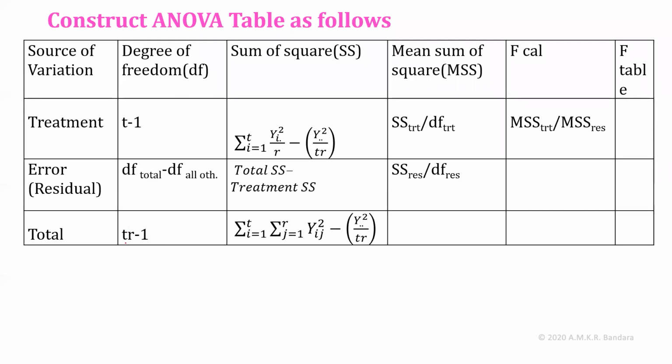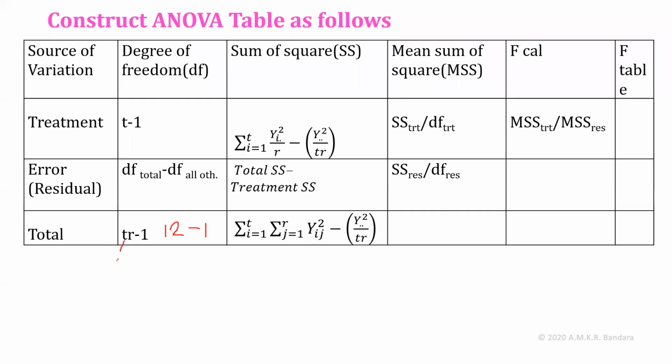We can find the total number of observations using t into r, where t is the number of treatments.